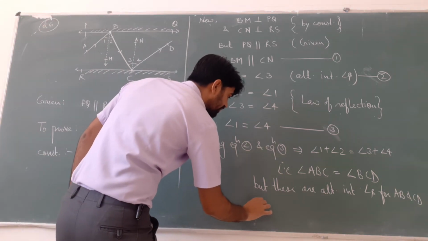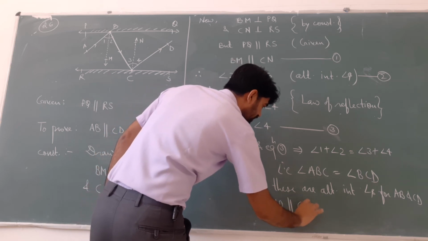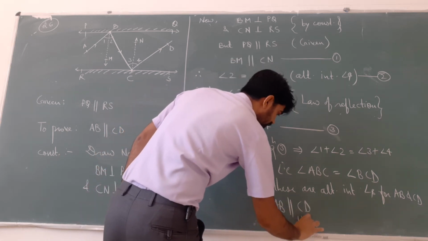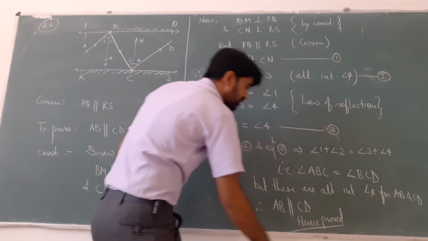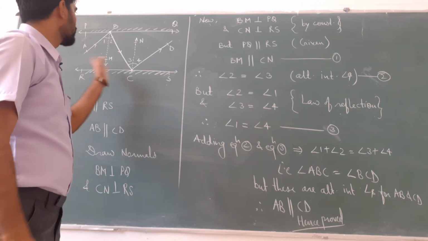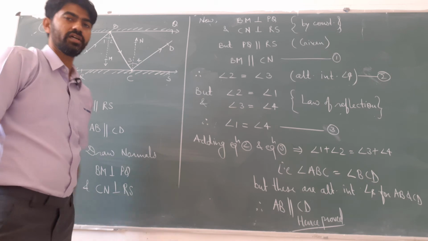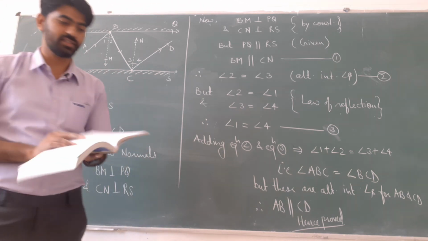Therefore, AB is parallel to CD, hence proved. So this way we can prove that these two rays are parallel. Okay, I think only 6 questions are there in this exercise.